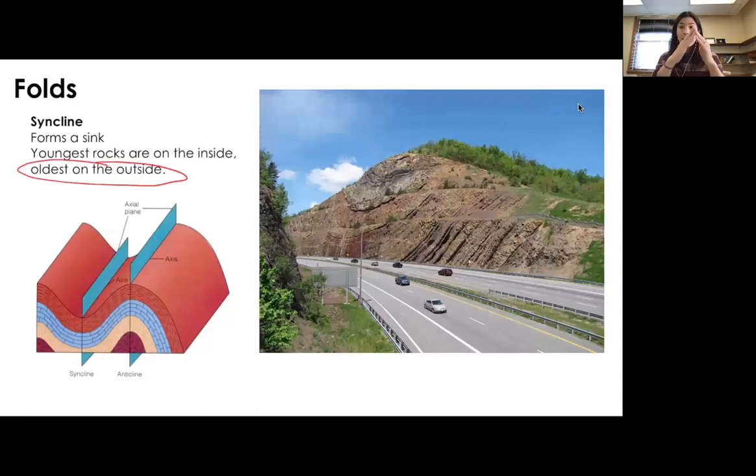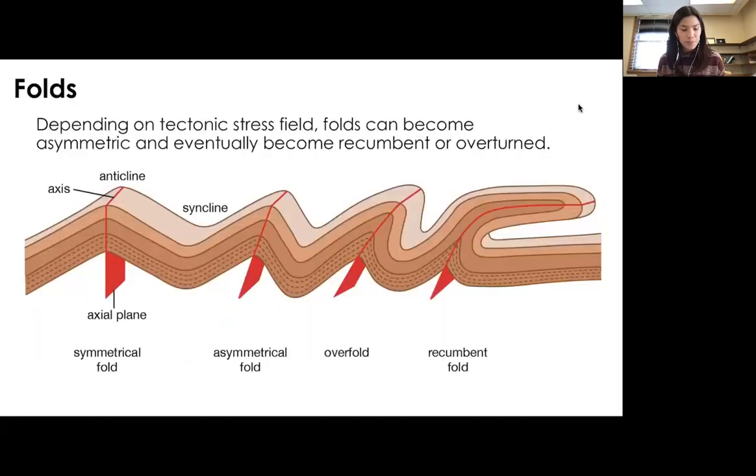This is especially important because the A shape and the sink shape that I've used to remember these occur if we have a fold that has been subject to stresses that are equal on either side. However, we do often get cases where stresses are not equal. For instance, one of my hands is moving closer to the other hand at a much faster rate. And that forms folds that are no longer at this perfectly upright angle, as we've seen the upright angle shown in this picture and on the diagram.